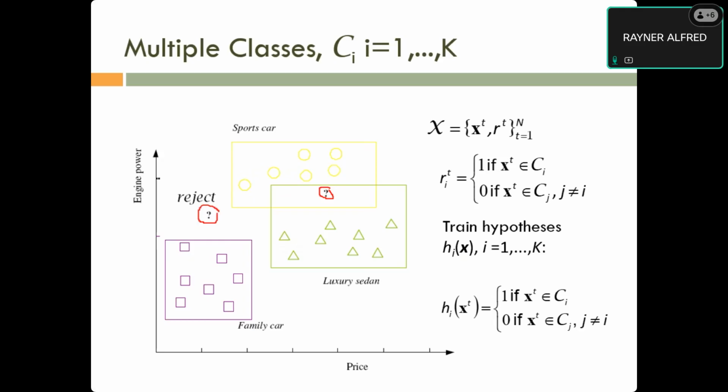You cannot predict whether they belong to sport car, luxury sedan or family car. So the tip here is that when you do the modeling, you need to cover everything, and you do not want to have one item with two labels, multiple labels. So you don't want to have overlapping.